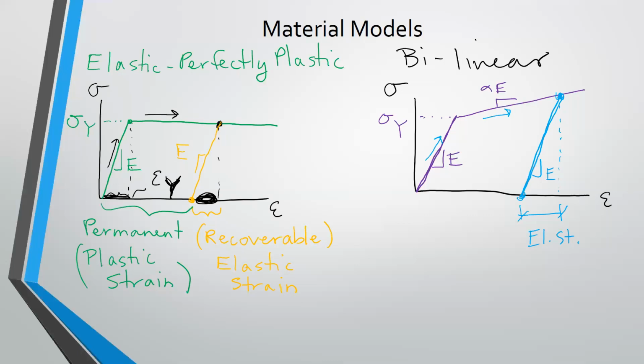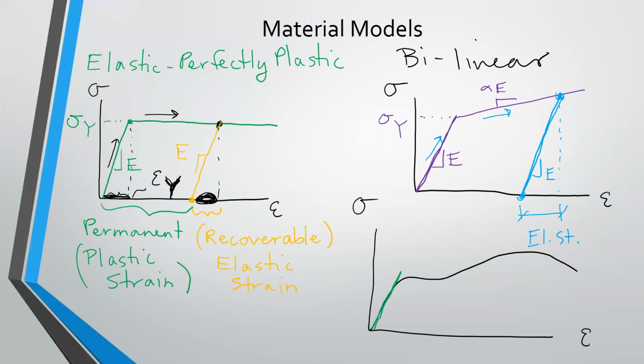So in terms of how you might use these, your material testing will give you some curve that maybe looked like that. So if you were to choose elastic, perfectly plastic, you'd come in here and you'd fit this to your elastic region. And then you might fit this to your yielding region.